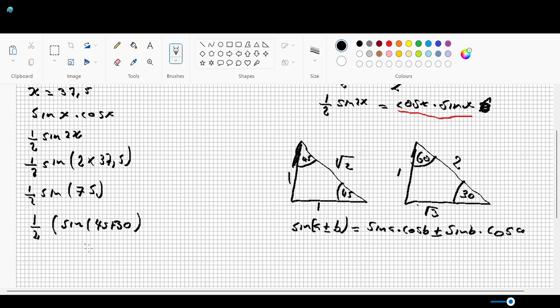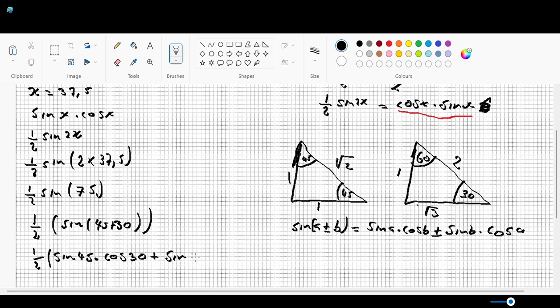Let's continue, guys. We can say half, and then we do that. So we can say sine, in this case, 45 is the same as A. We can say sine 45 multiplied by cos 30, which is the same as B. Since we have a positive sign here, this is going to be a positive sign as well.